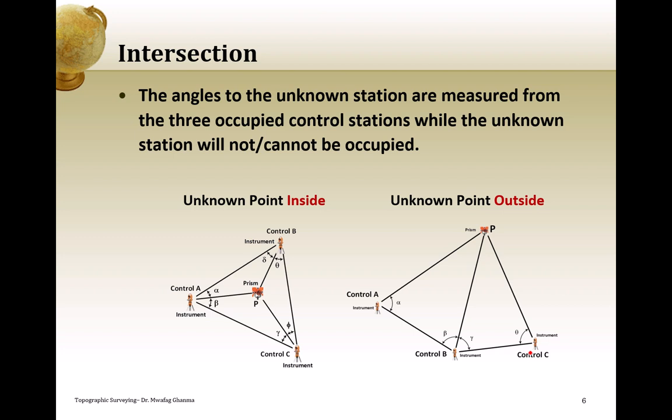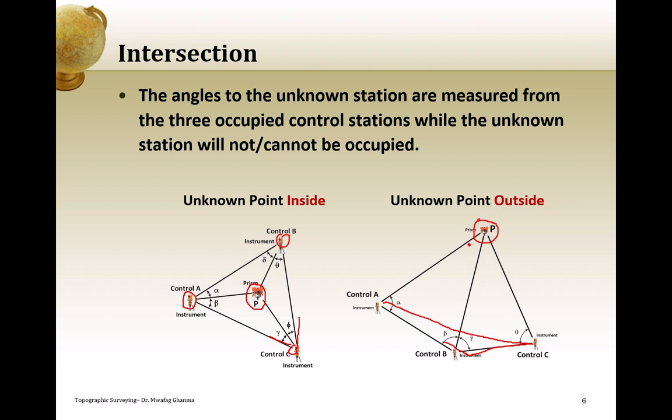The first is inside the triangle. We have a triangle between control A, control B, and control C, and the unknown station may be inside this triangle. The other situation is when we have the point outside the triangle: point A, point B, and point C form the triangle, and this point P is outside.